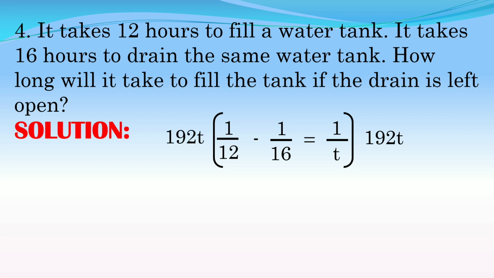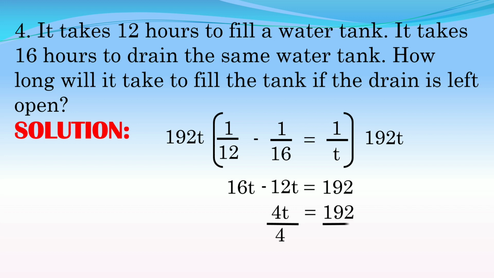So, we will multiply it on both sides. And then, imumultiply ulit natin si 192T sa ating equations. So, we have 16T minus 12T is equal to 192. And then, i-minus natin si 16 kay 12. So, 16t minus 12t is equal to 4t, which is then equal to 192.